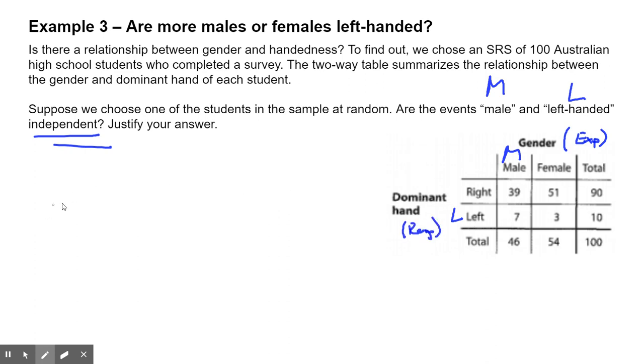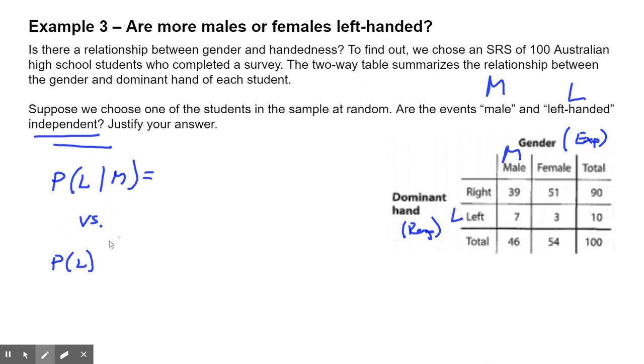So the conditional probability I want to find is the probability of being left-handed given that I'm a male. Then I need to test this against the probability of just being left-handed. Because in both cases, I'm measuring left-handedness, but in one, I'm trying to see if being a male influences it or not.